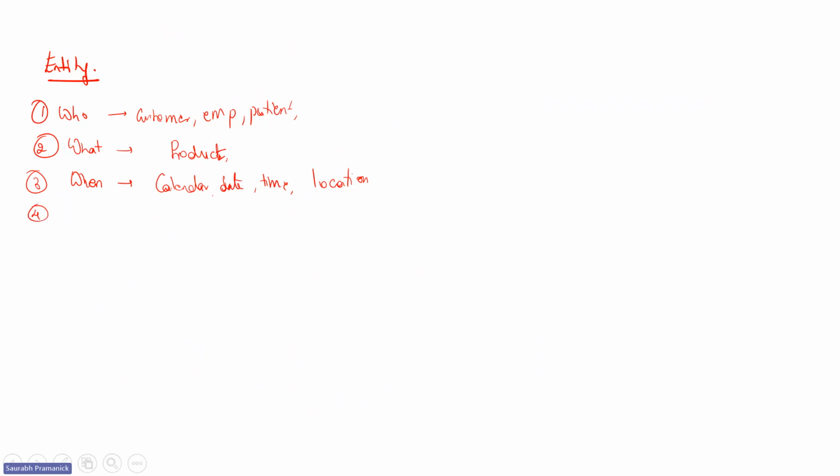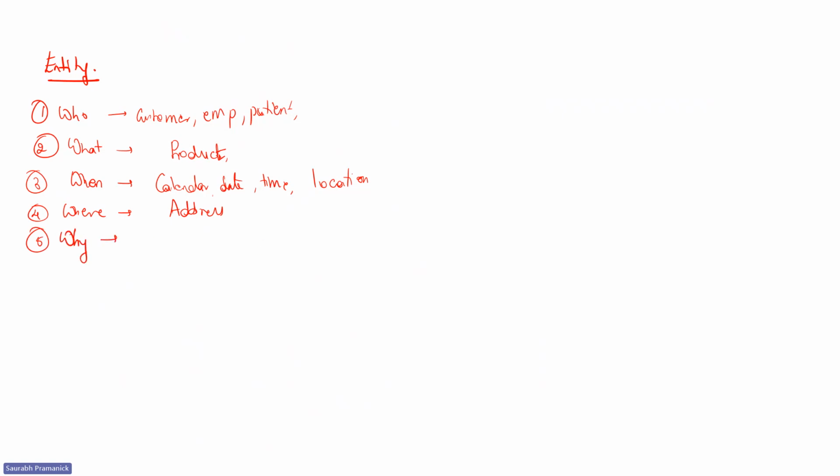Or we can keep location under the where part of it, where exactly these things happen. So your address related information will be under your where type of entities, the IP address, the website URLs, or those kinds of things.